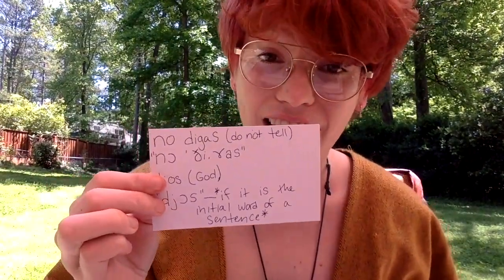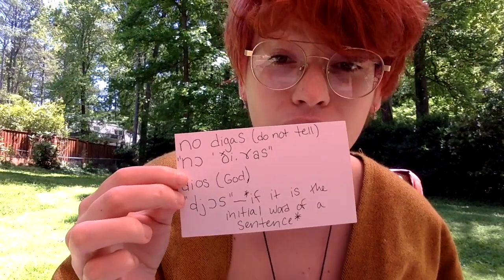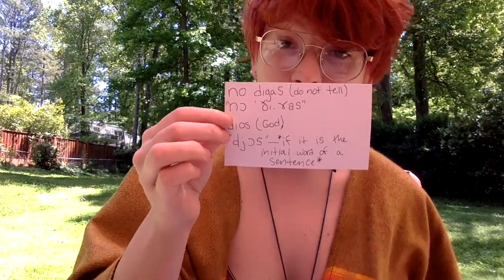If the D word is in a phrase, it will be pronounced as the, except after the letters L or N. For example, no digas, do not tell, or Dios, for God. Interesting.